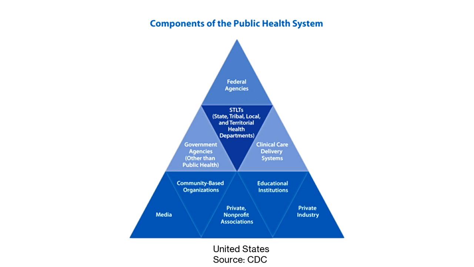So we can think of the public health system as the network of organizations that contribute in some way to improving the health of a particular community or the population at large. So we're going to go through these in a little bit more detail.